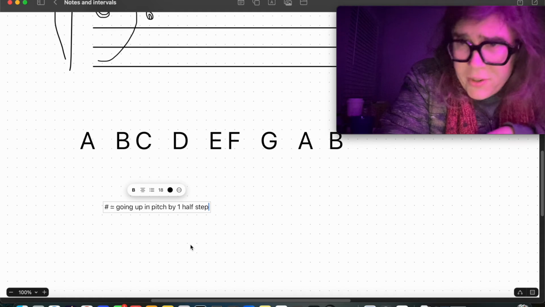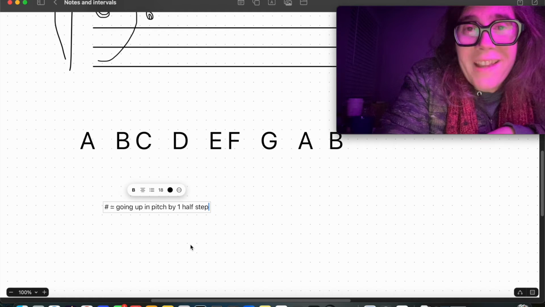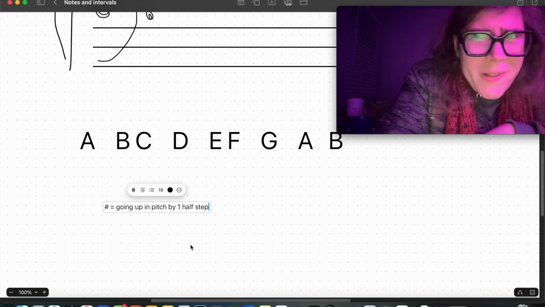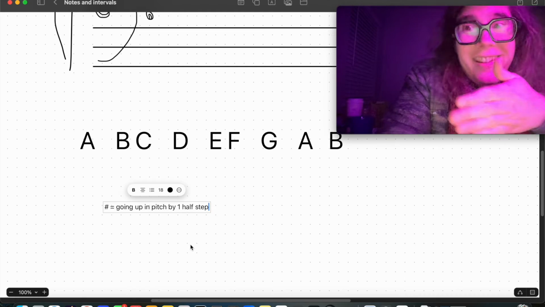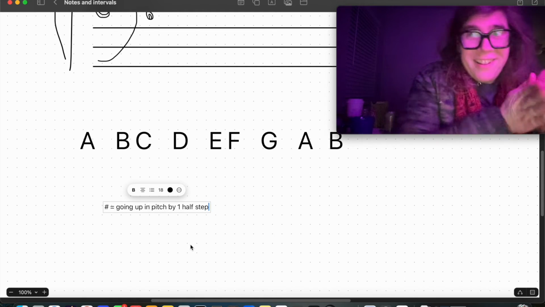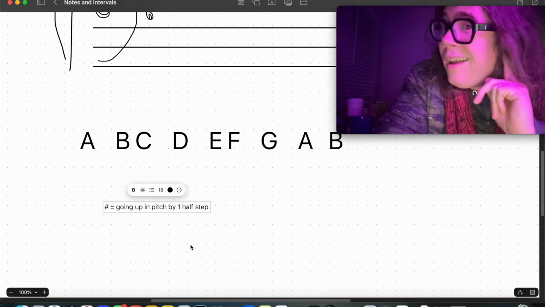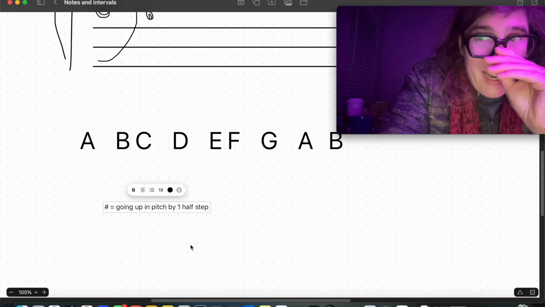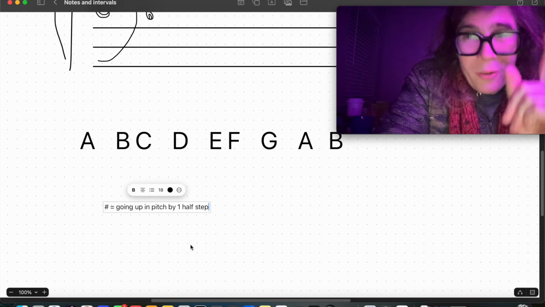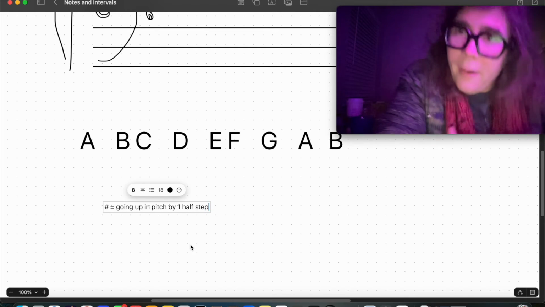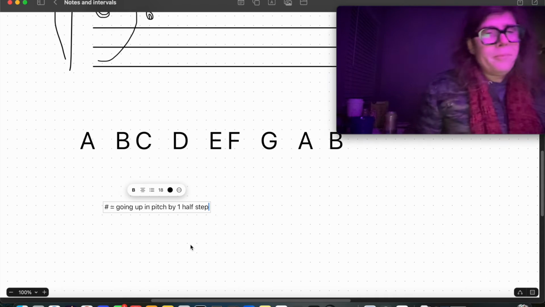The other thing you can remember is that if we're thinking about a half step, we're thinking about the Jaws theme, that da-da, da-da, da-da, then the shark is coming, right? That interval, da-da, is a half step. And it's like we're going sharp. We're going da-da, up to that. Okay, pretty simple.